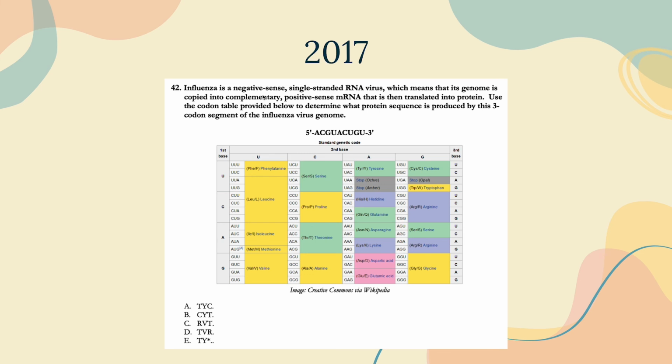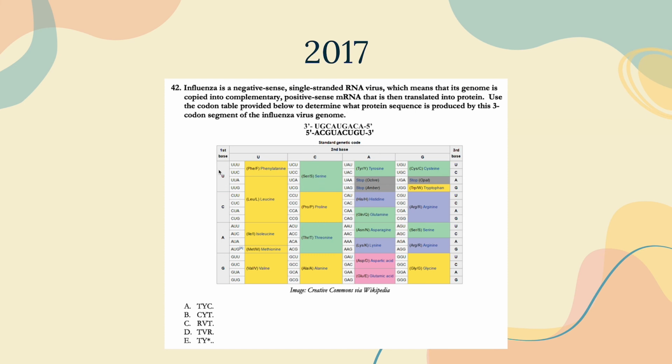So if we see here, it says that the influenza genome is copied into mRNA that is translated into protein. So this is part of the genome. First, what we're going to do is create that mRNA they're talking about.